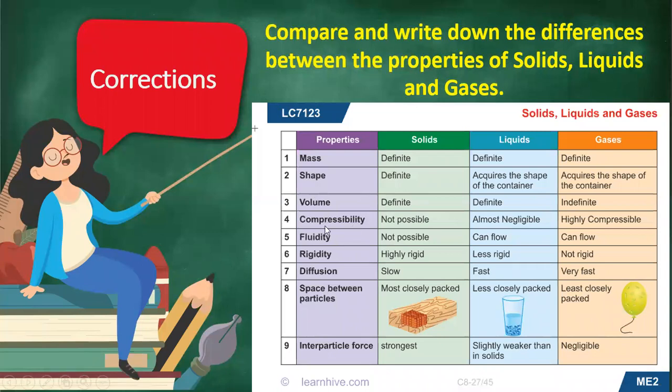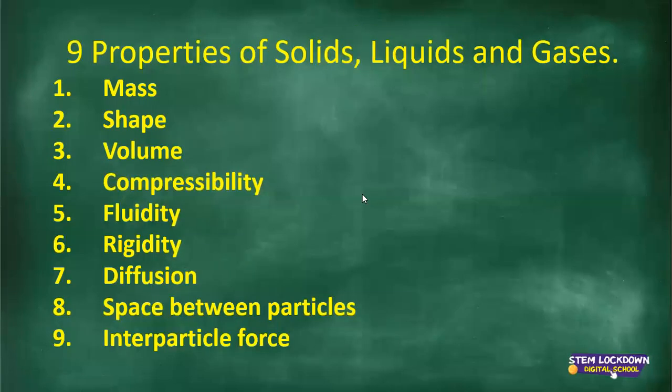The fourth has to do with compressibility, okay? The fifth one is fluidity. The sixth is rigidity. Seventh is diffusion. Eighth is the space between the particles. And number 9 is the interparticle force, okay? So these are the 9 properties that we are going to be talking about in this lesson.